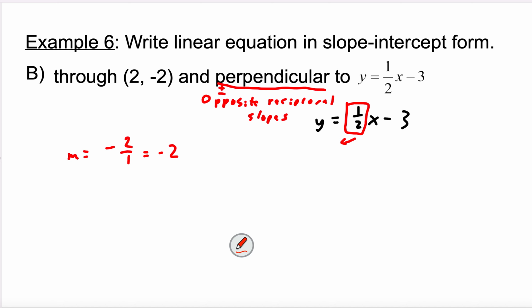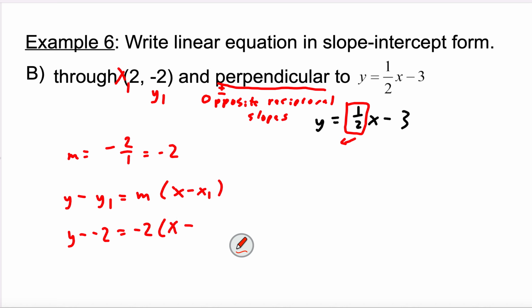They also gave us a point, x1 and y1. So let's put this in point slope form: y minus y1 equals m times x minus x1. My y1 there is -2. So y minus a -2 equals my slope times x minus x1, which is 2.